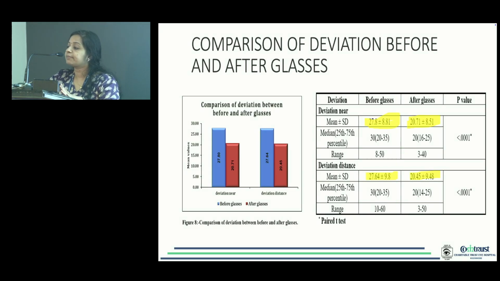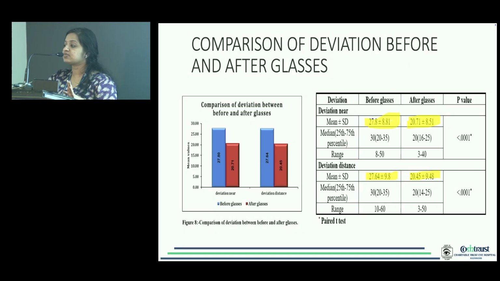Next is the comparison of deviation before and after glasses. The mean deviation for near before glasses was 27.8 plus or minus 8.81, and after it has become 20.71 plus or minus 8.51. The p-value was significant. For distance, the mean deviation was 27.64 plus or minus 9.8 before glasses, and after it has become 20.45 plus or minus 9.48.